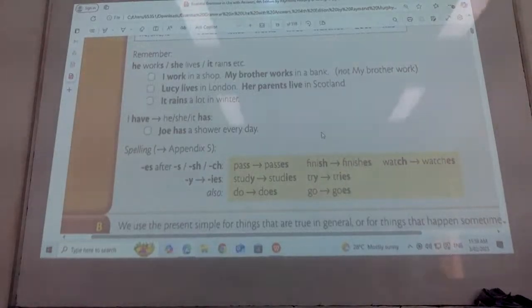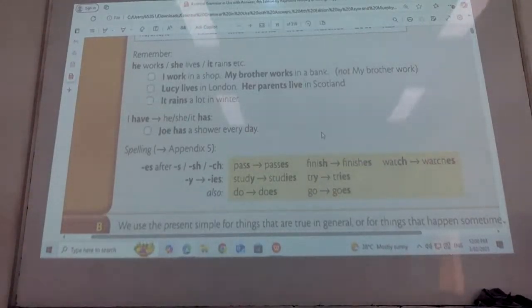Zoe, when you're ready, remember. He works good. She lives. No. It rains. Rains. Yes, good. Rains. Exactly.